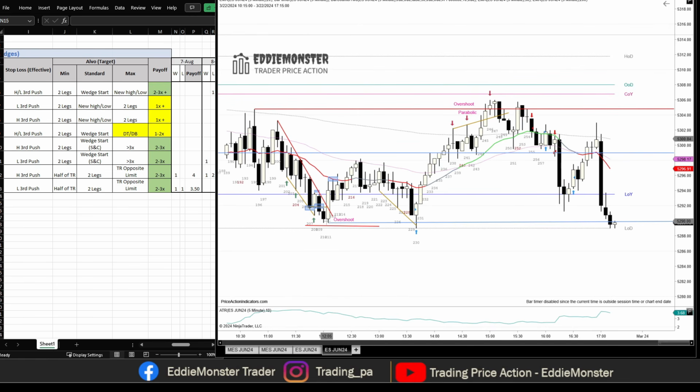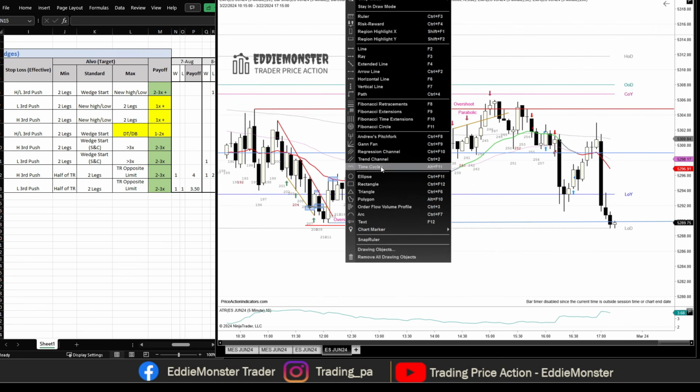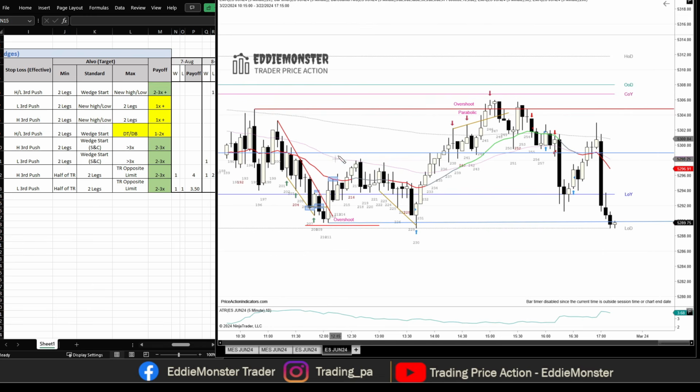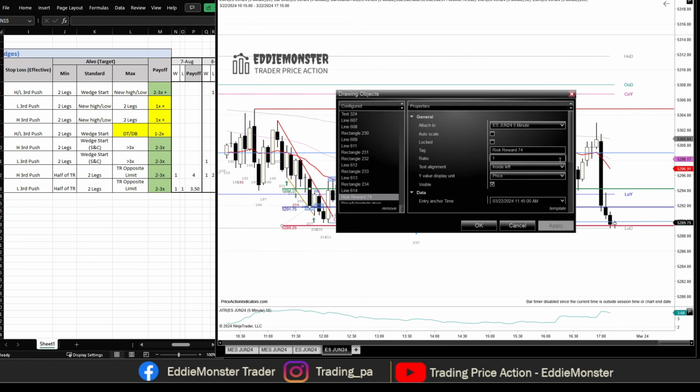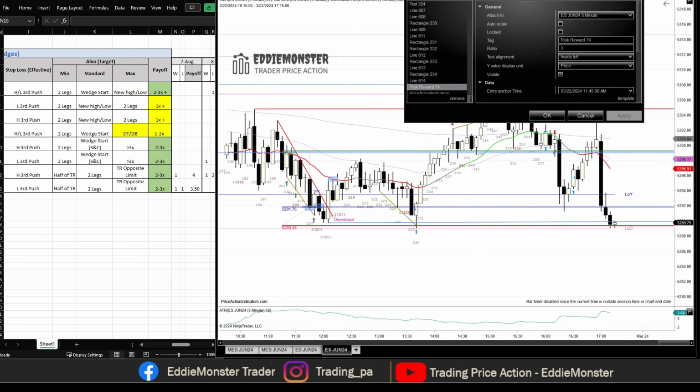Of course, we have a fourth push here, but that's the protective stop. So if you enter here, you have 2, 2.5 points.